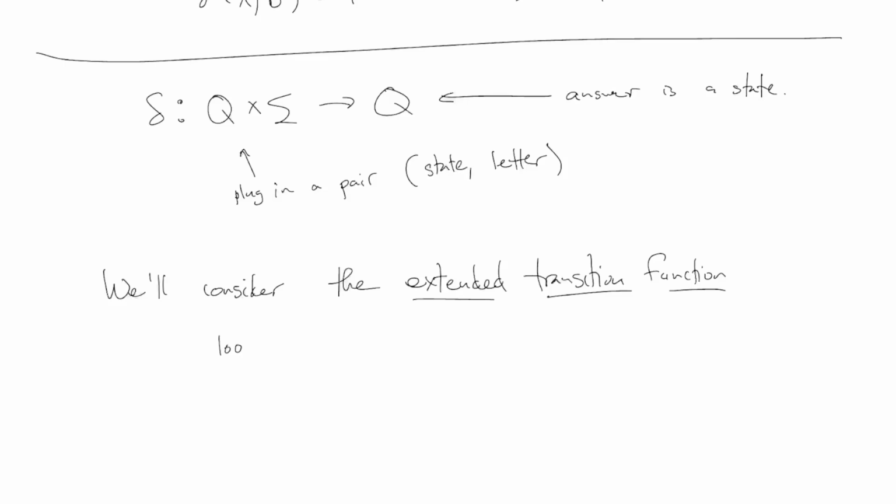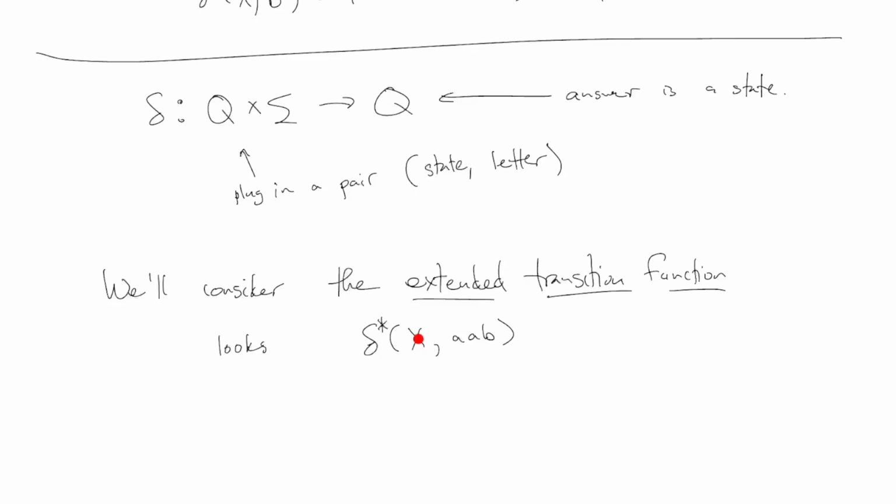That one would look like delta of X, comma, AAB. But we don't call it delta, we call it delta star. In this class, generally speaking, the star represents iteration of some sort. It's just like the normal delta, only you can put a whole string in it.